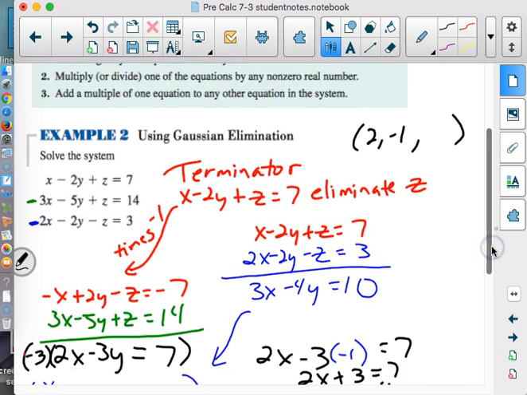Find some room here to write down my math. So we have 2 plus 2 is 4. 4 plus z equals 7. Subtract 4, we get z equals 3.